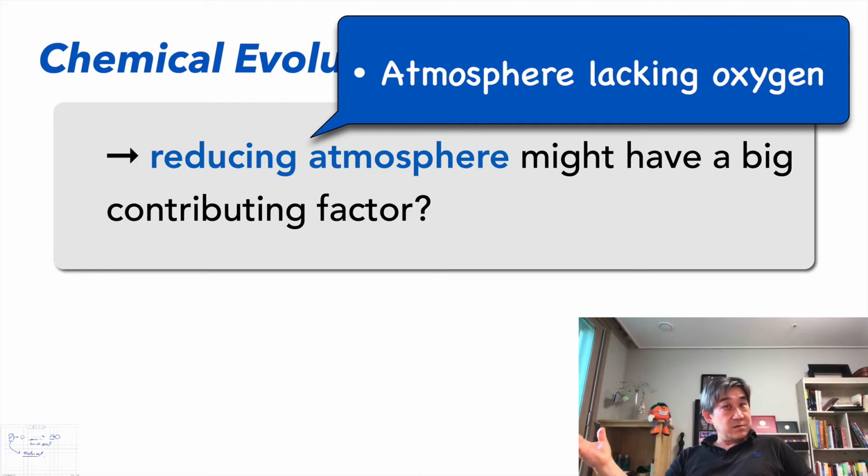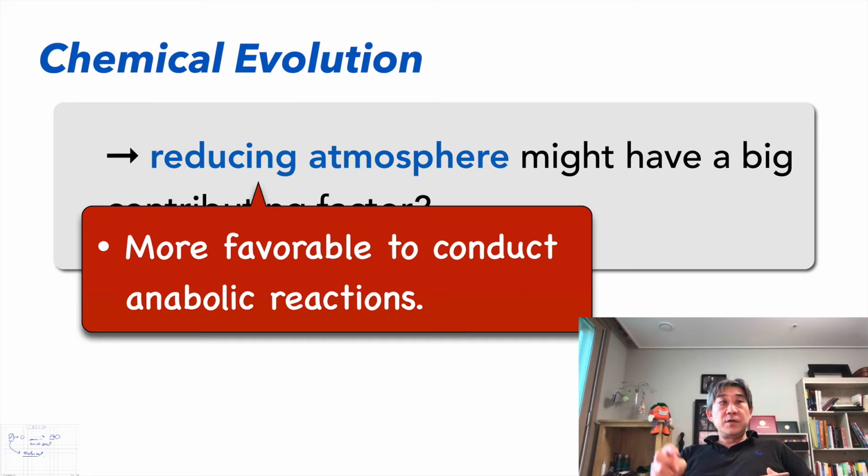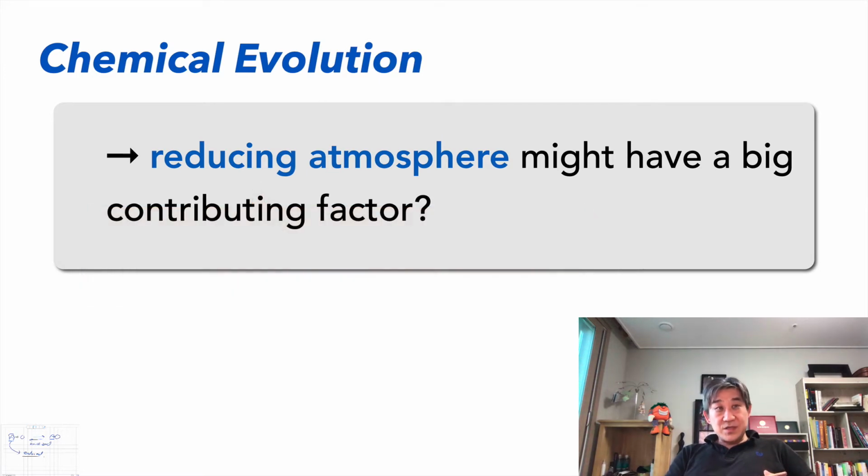But if you don't have any oxygen, that kind of destructive activity might not have happened, or at the least it would have been much less, so that it would have been much easier to have some specific synthetic chemical reactions in nature, is what the scientists believe. So this reducing atmosphere is a little bit more favorable condition to have this anabolic reaction. Anabolic reaction means synthetic reactions.